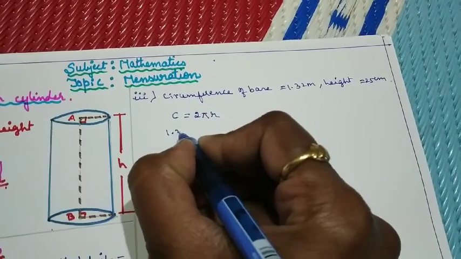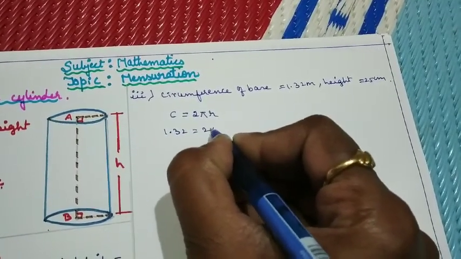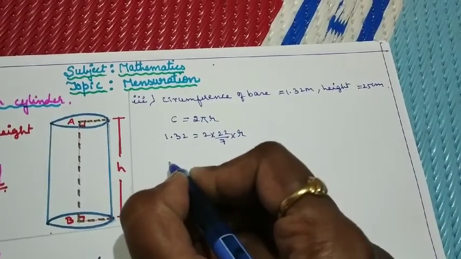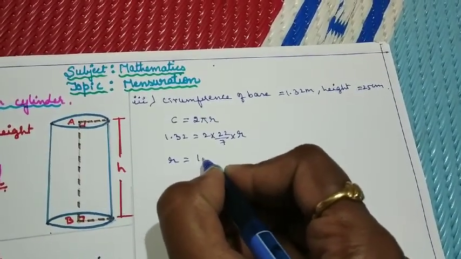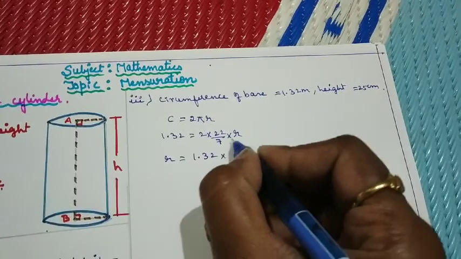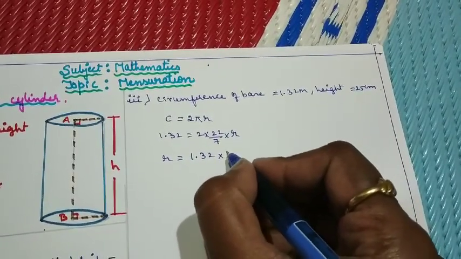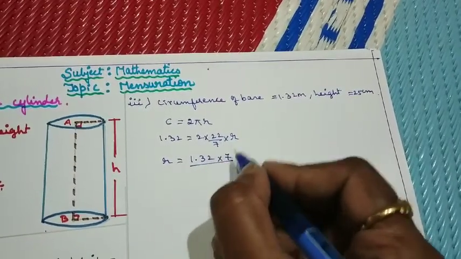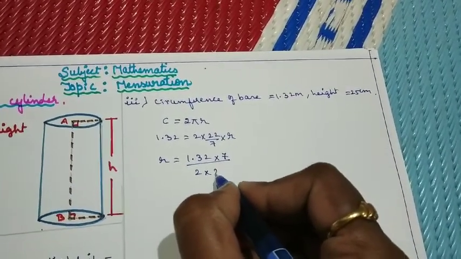Circumference 1.32 equals 2 into 22 by 7 into radius. To find the radius, we do this: 1.32, with respect to r, 7 is in the denominator so it goes to multiplication, and 2 into 22 is under multiplication so it changes to division.